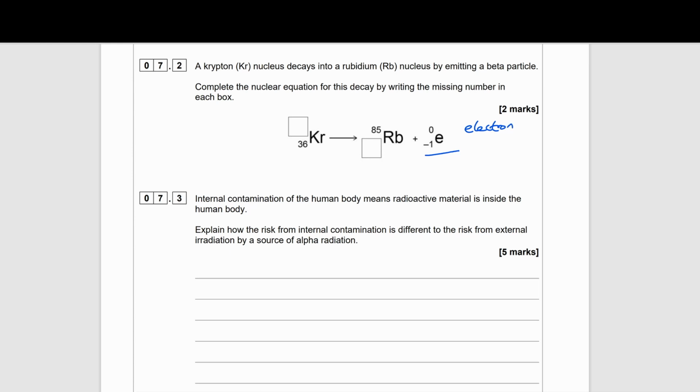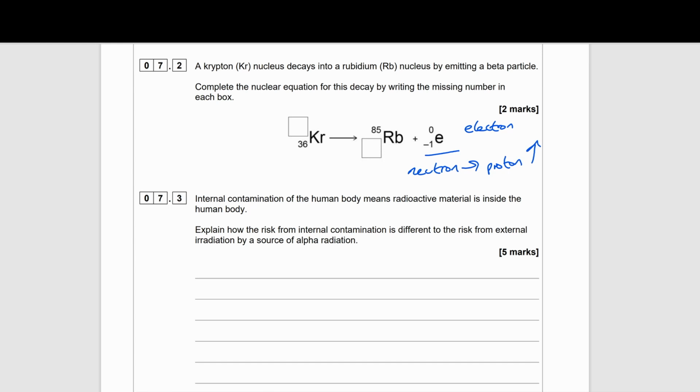But during that process, what actually happens is a neutron decays into a proton. So, if a neutron is decaying into a proton, that tells us that the atomic number is going to change, specifically increase by 1.